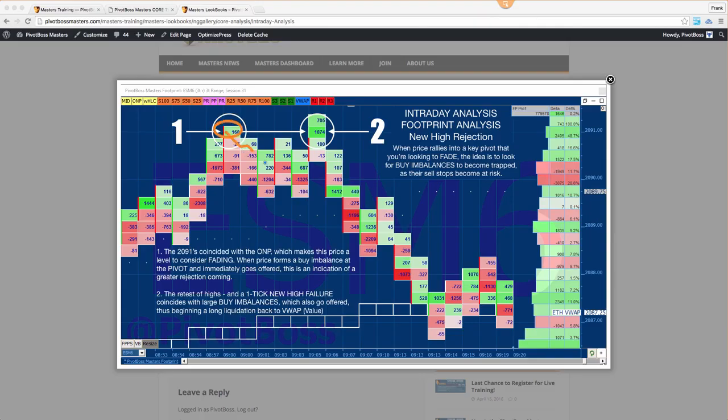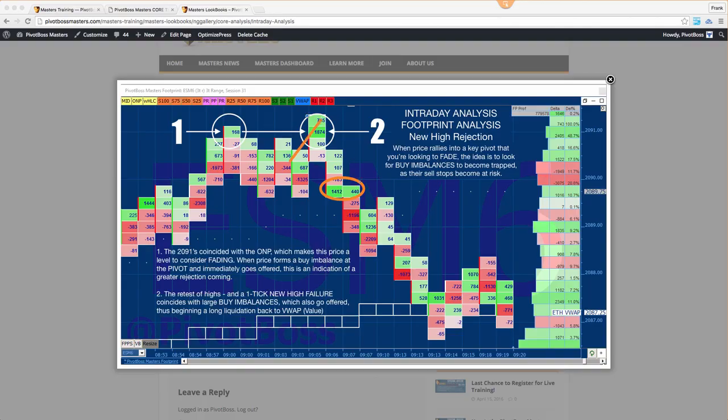So if you have this pivot and you come back and you come above it and there's a 1 tick new high with a bunch of buying balances and it rotates lower, put the market order and sell it right away, or put the limit order to retest the actual imbalance level. So there's two ideas. You either step on it right away or you wait for this level to retest and go. There's another way that I like to look for it, and it's right here.